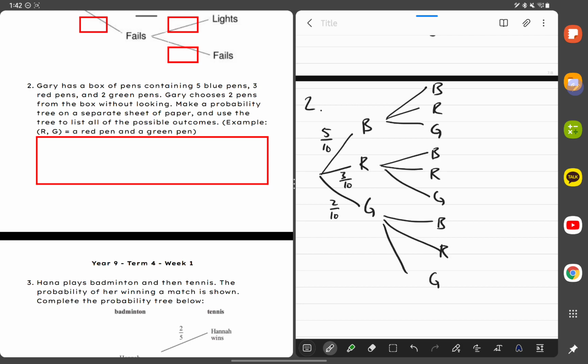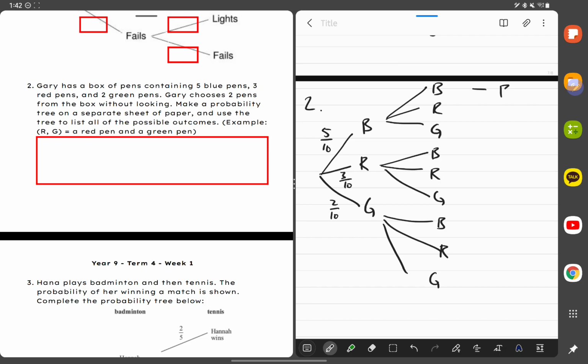I should have started off with it being spread out more. Cool. So that's my second pen. We can do the probability on it, but the problem doesn't ask me for it, so I don't actually need it.